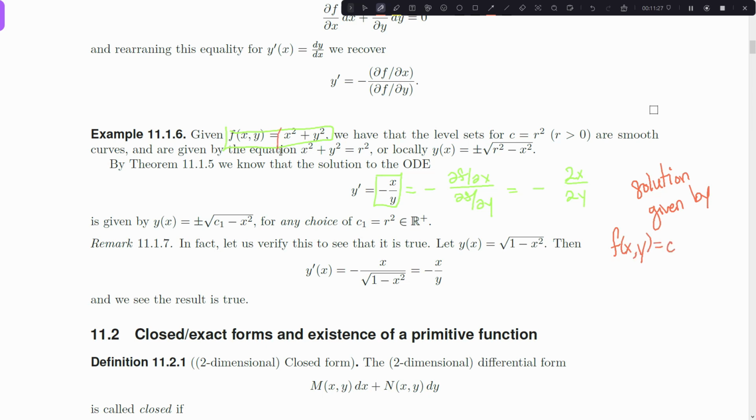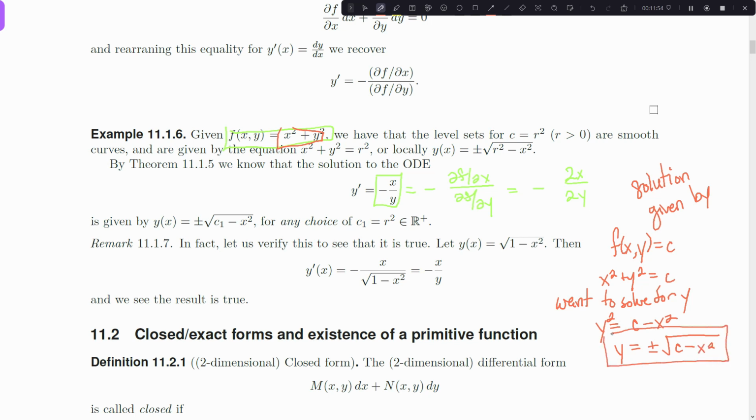Well, f of x, y is x squared plus y squared. So the solution is given by x squared plus y squared equals c. And if we want to solve for y, then we get y squared is c minus x squared, or rather y is plus or minus root c minus x squared. And so we have a solution.